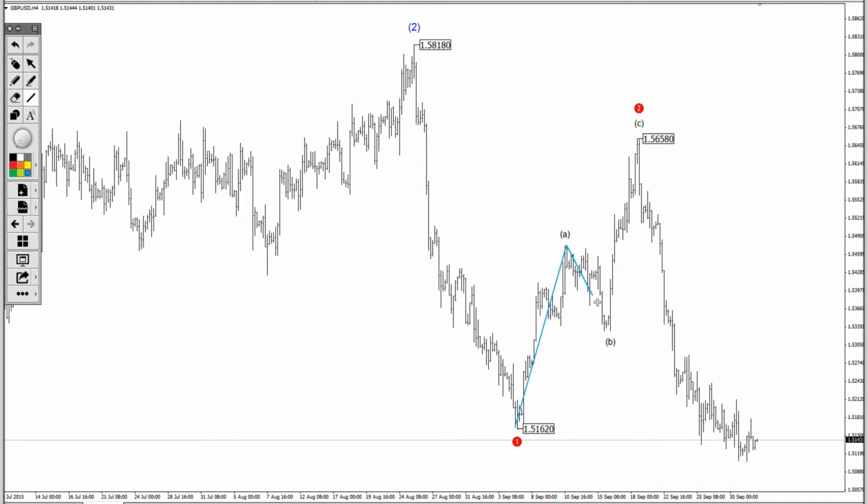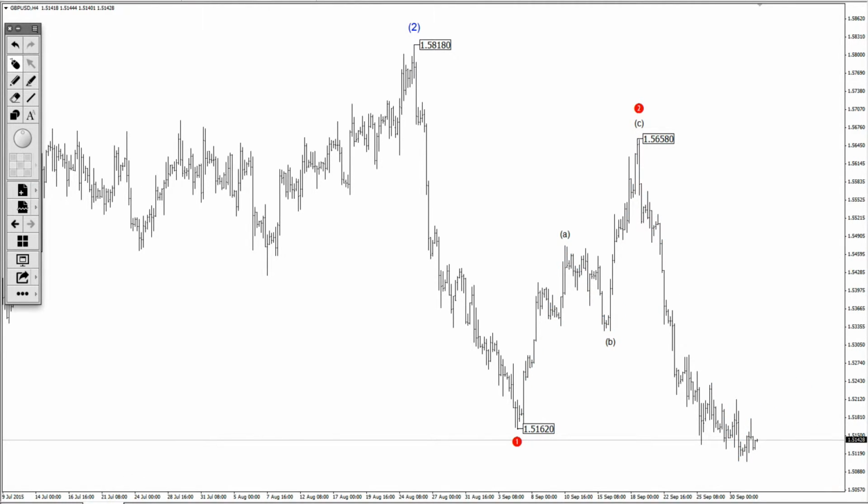We can make out a very nice 3-wave structure all the way up to 156.58, and after that we can start to make out perhaps the bottom of third wave is the recent low, and now we can maybe expect a sideways correction and then move down on pound dollar. So more downside, eventually possibly a corrective phase is up next in pound dollar.